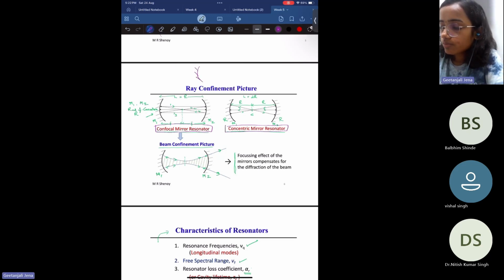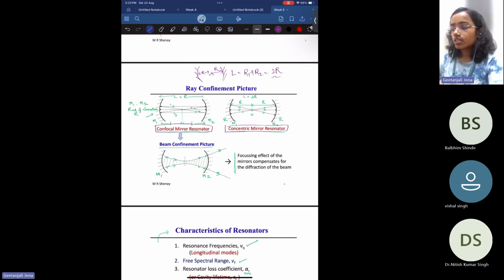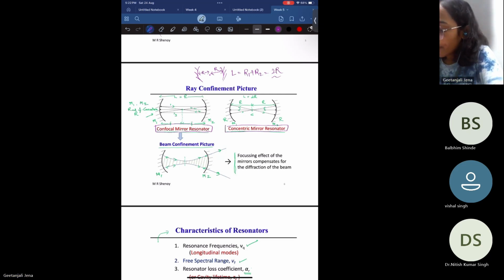So if we have a concentric mirror, the radius of curvature of this mirror is the same as the radius of curvature of this mirror. So the length between these mirrors you can write as R1 plus R2, and R1 and R2 are the same, that means it is 2R. Okay. So this is the concentric mirror resonator.